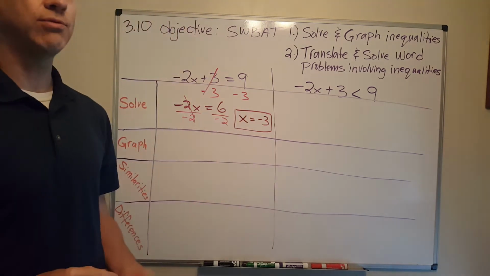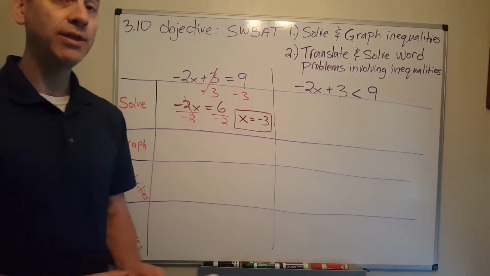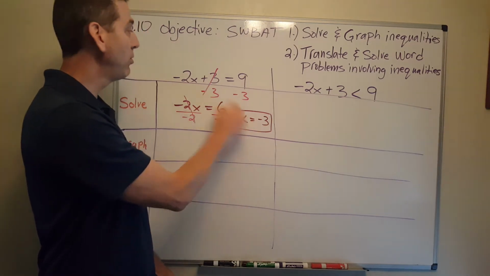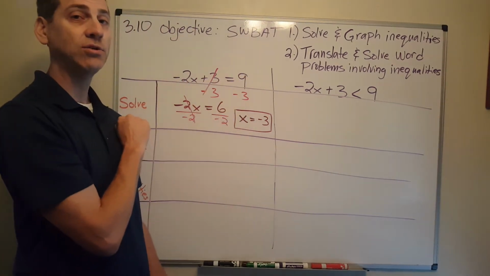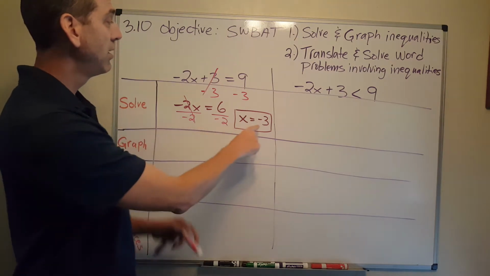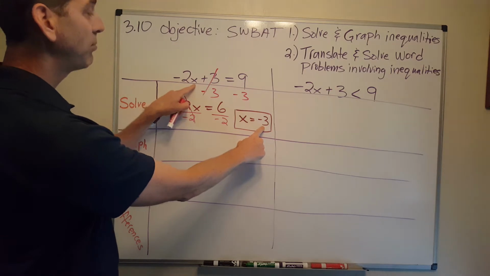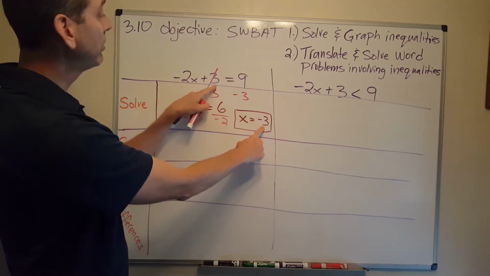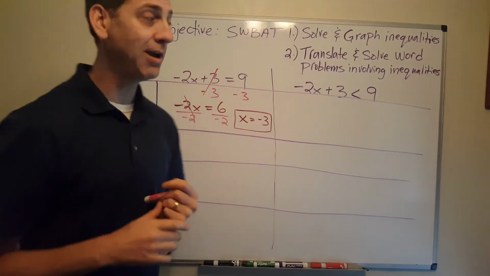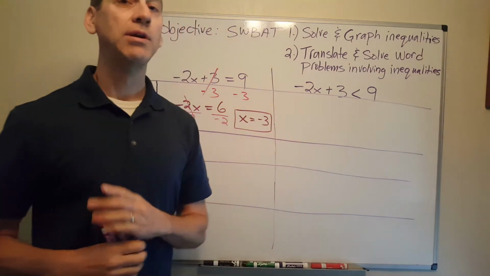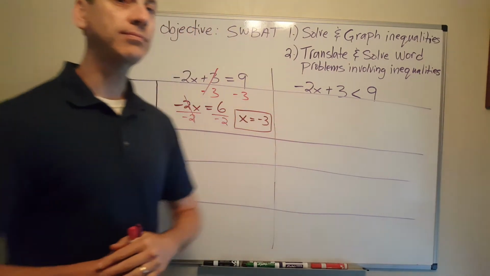That's the value of my variable that makes this equation true. Negative 2 times negative 3 is positive 6, and 6 plus 3 is 9.